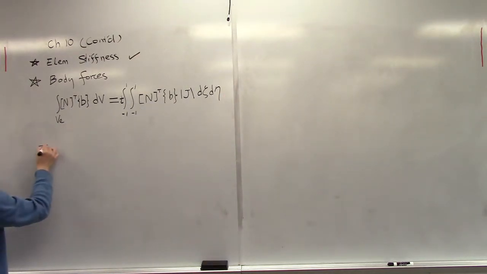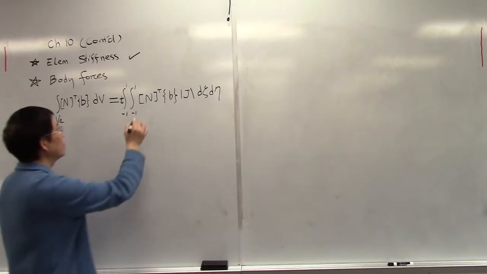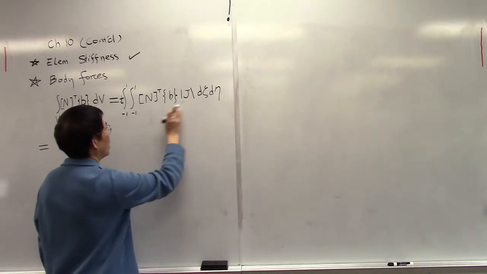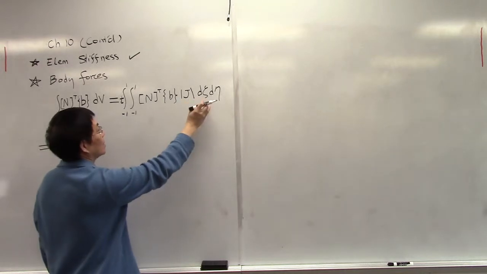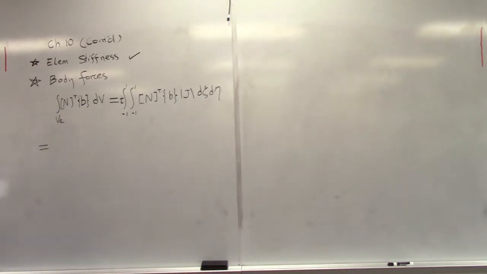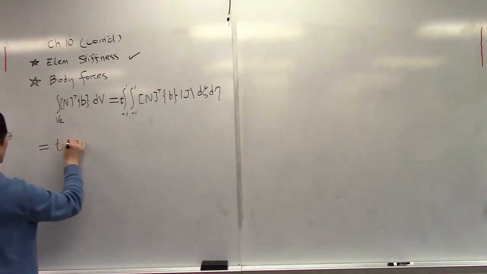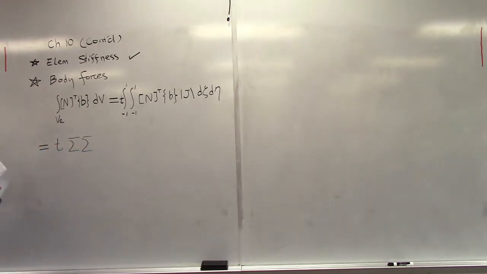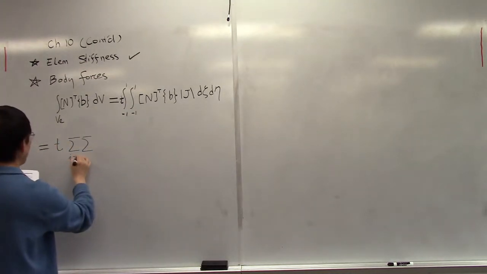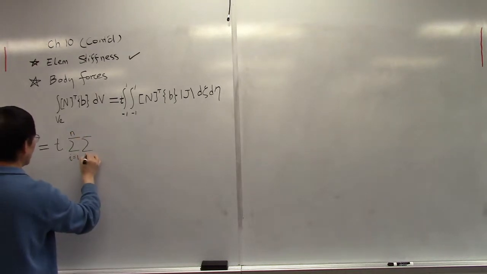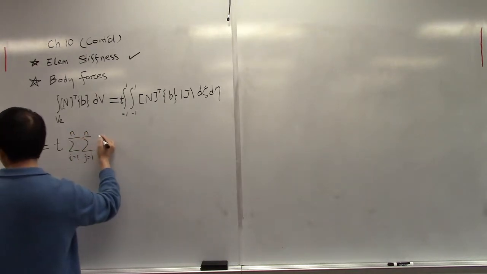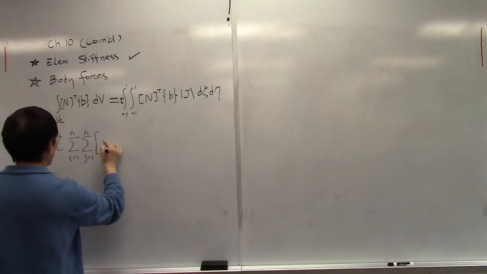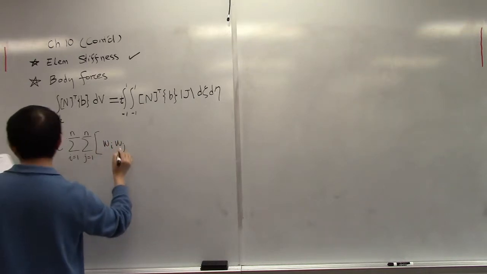All right, once here, now we can view this whole thing as one integrand, and the expression is in the natural coordinate. So we can use the Gaussian integration. Because this is a 2D integration, you have a double sum here. I from 1 to number of integration points, j from 1 to number of integration points. And we have weight I, weight j.